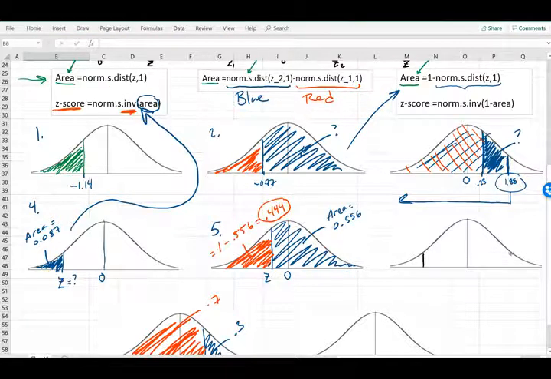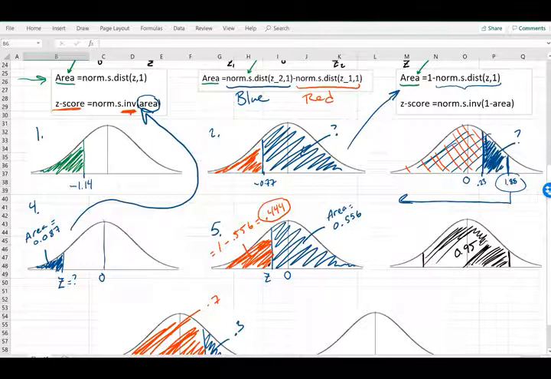Okay, so let's draw a quick sketch here. We'll shade the middle 95% of this graph. Now we want these z-scores that separate the middle 95%. Because the graph is symmetric, they're going to be the same number. One's going to be positive, one's going to be negative.